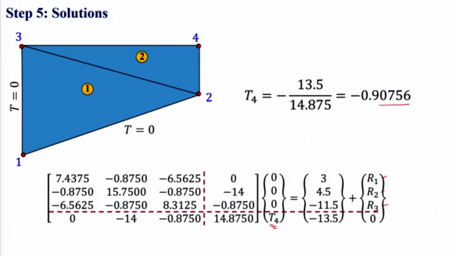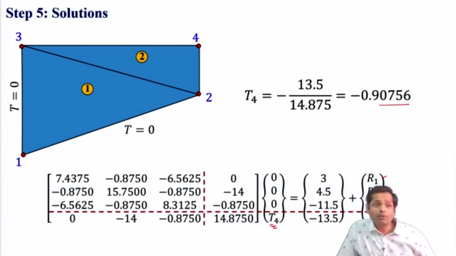Now the thing is, this is not the end of this problem. We will revisit this problem once again in lecture number 40, but in that case we will use a different element. Here it is done with 2 triangular elements. We will see what happens to the solution when we use a quadrilateral element.